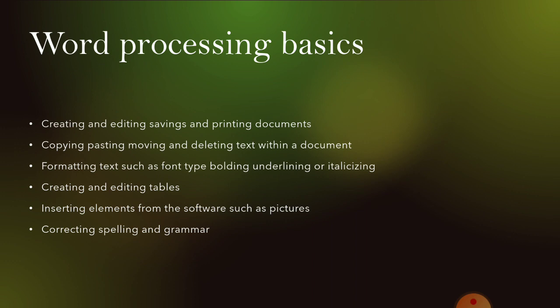So you can insert pictures in your Writer software. It is also used for correcting spelling and grammar. Whenever you are writing something, a book or a letter or some report, it automatically checks the spelling and grammar of your text.